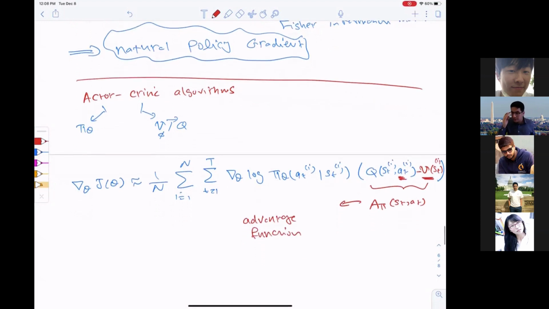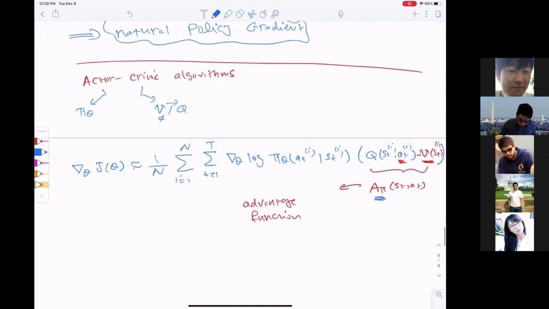But the learning is basically the same. You represent V with a neural network, you estimate Q, then you estimate this advantage function, you estimate your gradient, and you iterate in order to optimize your policy. And it reduces the variance of the gradient estimation significantly. So it's a really good algorithm.